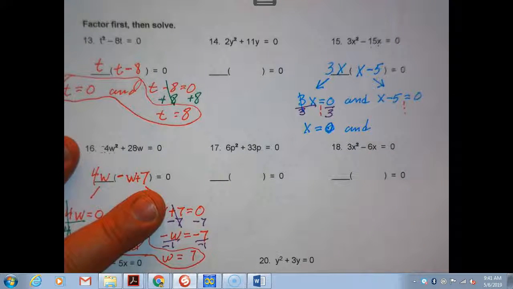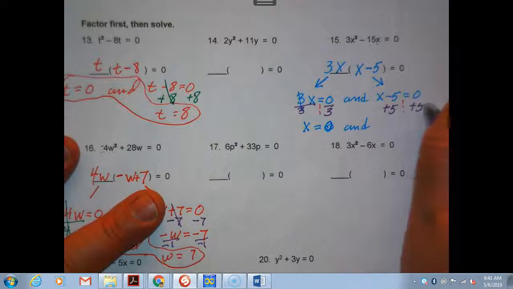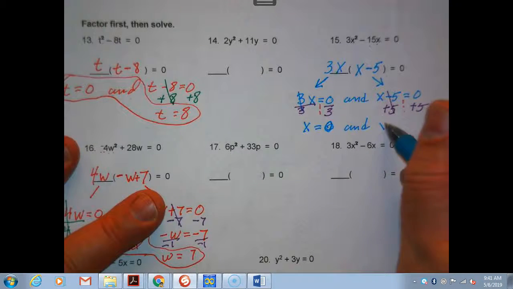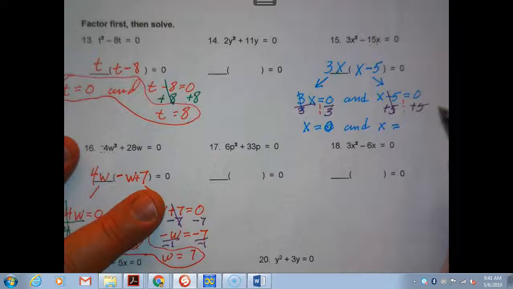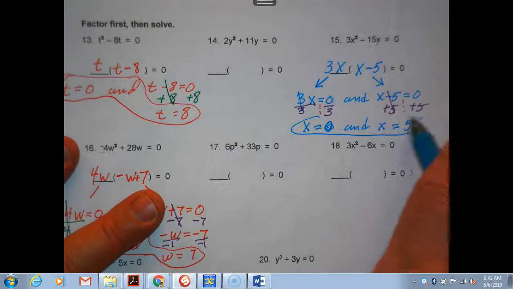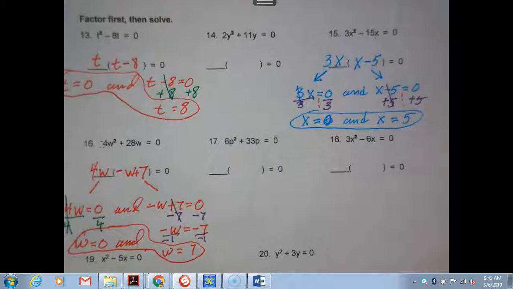Undo the minus 5. Plus 5. I get x equals 0 plus 5, which is 5. These are a little bit more work.